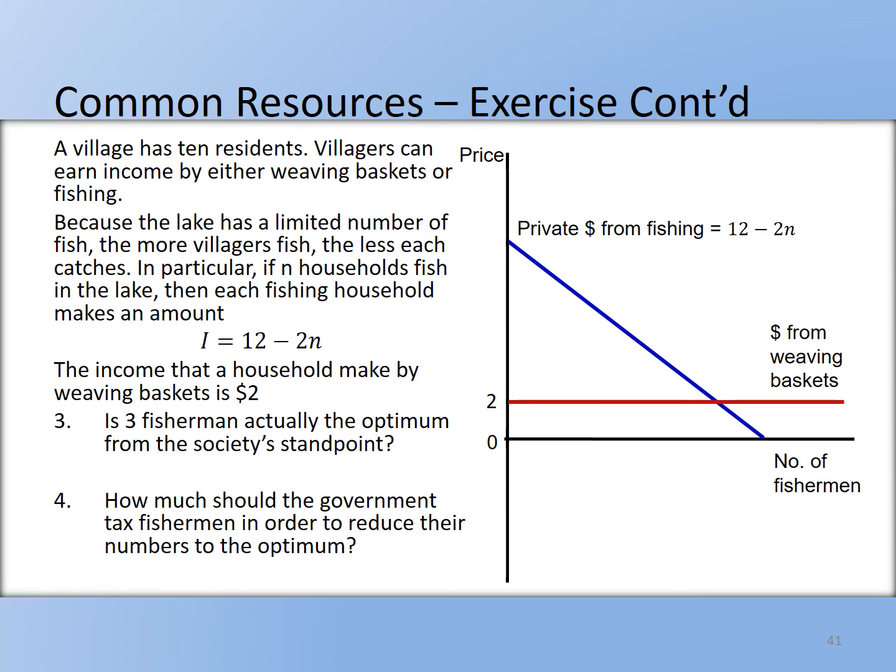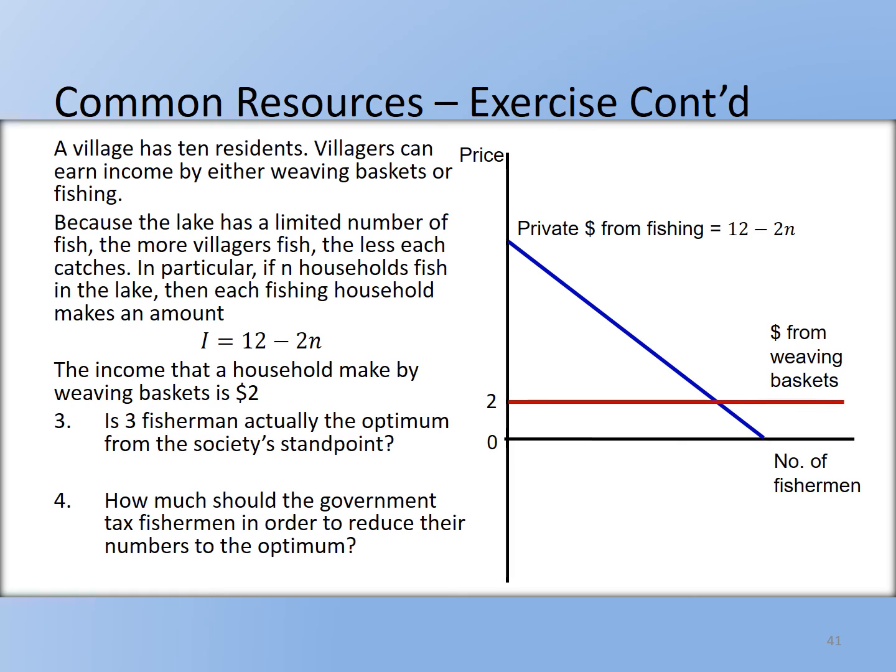So let's start with asking the question: is it actually optimal to have 3 fishermen? Could we do better than 3? And the answer is yes. Once again, you want to analyze this as a monopoly problem. From the society's point of view, you're trying to maximize your income, which is the same as what a monopoly would do.